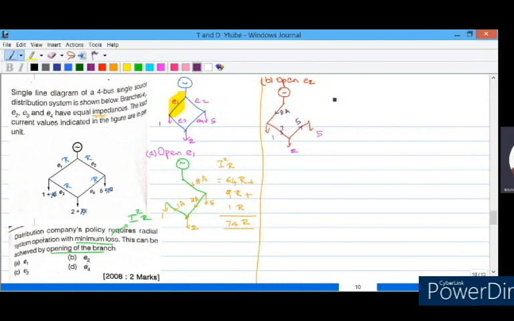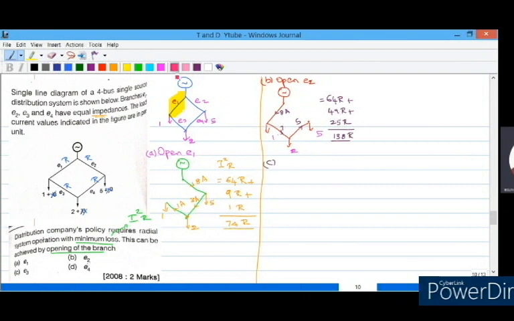Now let's find the power loss in each branch. So we add 64 R plus 7 square R, which is 49 R, and then 5 here, it is 25 R. If you add everything, the answer is 138 R. This is the power loss if we open the branch E2.